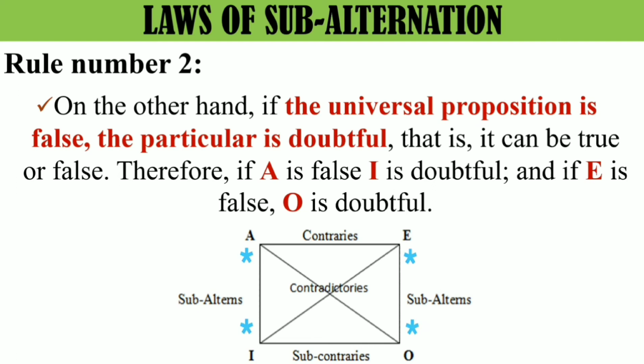That is under rule number 2: the falsity of the particular involves the falsity of the universal, but the falsity of the universal may or may not involve the falsity of the particular.